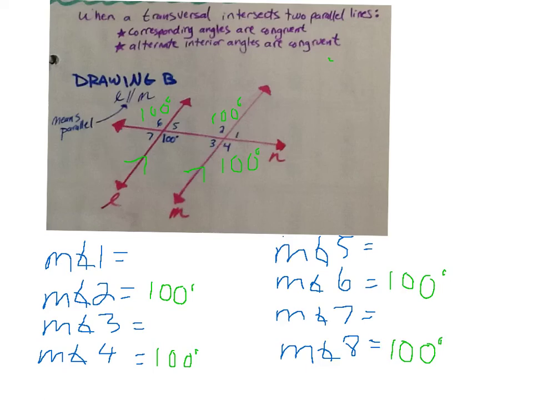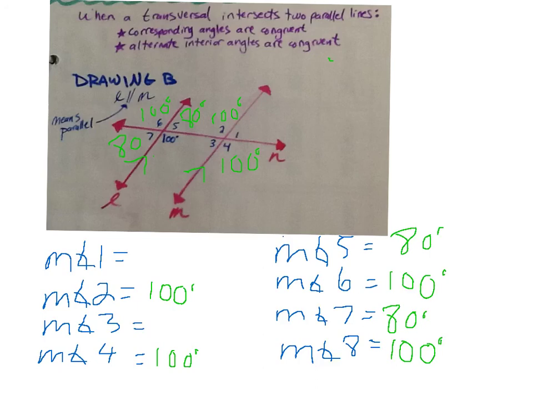If you look at angle 6 and 7 together, they make 180 because they're supplementary, they make a straight line. So if angle 6 is 100, that makes angle 7 80. Angle 7 and 5 are vertical, so angle 5 is 80 degrees.